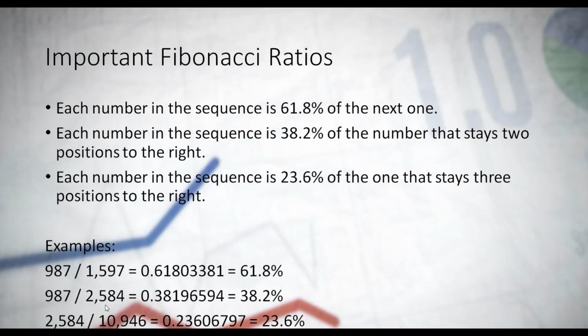And then if I take, for example, 2584, which is a number from the Fibonacci sequence, and I divide it by the number that stays 3 positions to the right, which is 10,946, we get a result of 0.236797, which is approximately 23.6% when converted into percentage.